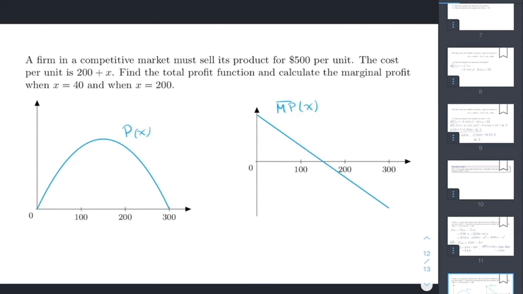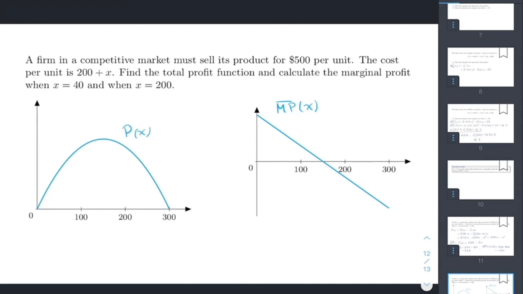In the opposite case, when X is equal to 200, we are around here where the profit is now decreasing. So in this graph here, the derivative is negative. And this makes sense because after a certain amount of units, the cost of producing them will be bigger than the revenue that we obtain from them.